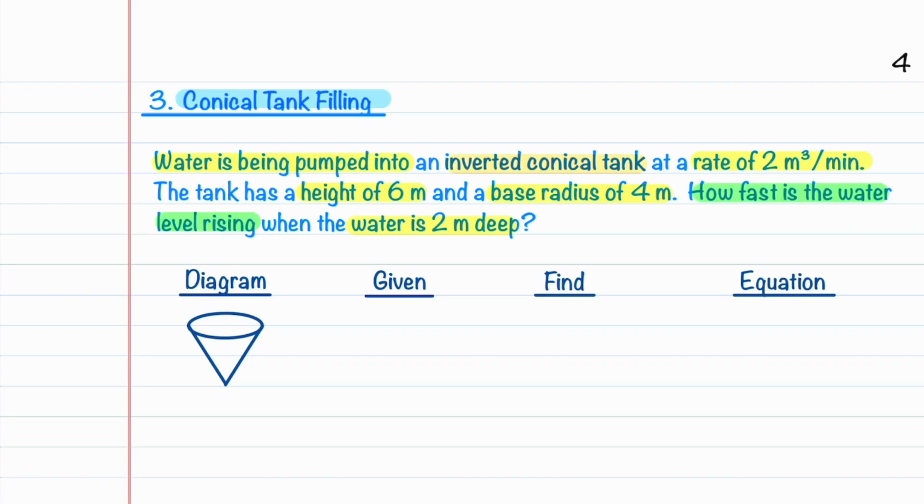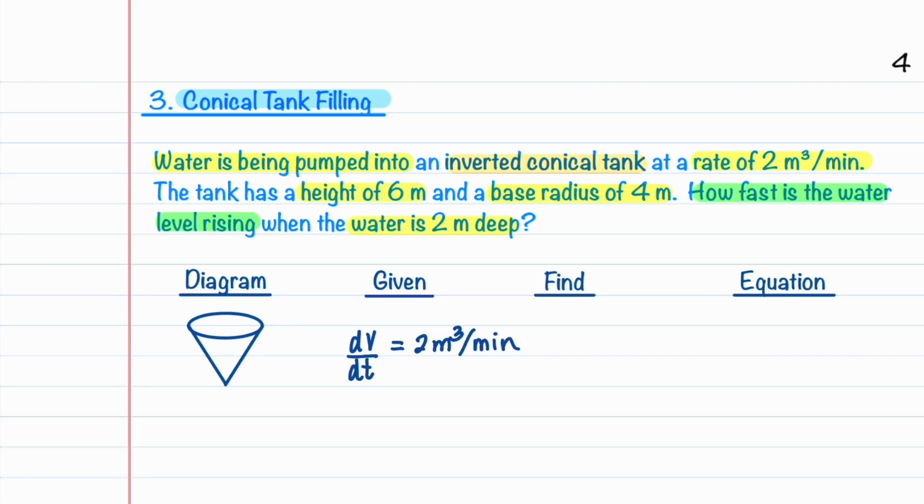Let's now write down what we're given in this problem. We are told that the water is being pumped into the tank at a rate of 2 meters cubed per minute. So that means the rate of change of the volume, dV/dt, is equal to 2 meters cubed per minute. And that's positive because water is being pumped in.